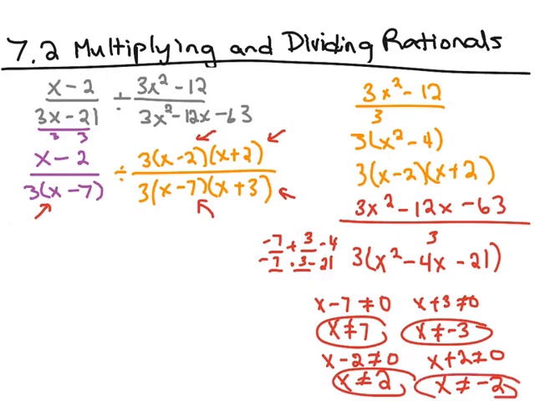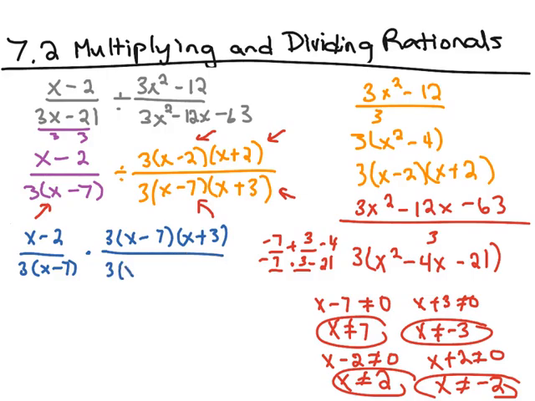Now we are going to flip and multiply. So we have x minus 2 over 3x minus 7. Leave your first expression, flip the second. That is called your reciprocal. Now we can cancel out terms, so we have an x minus 7 there, we have a 3 there, and an x minus 2.